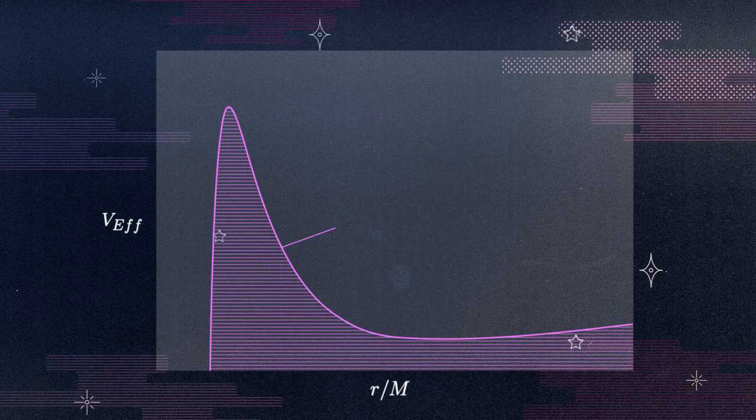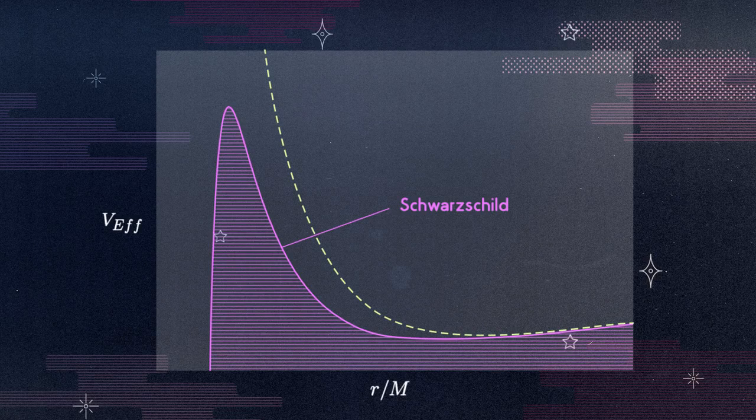This increased strength of the gravitational field is due to corrections by Einstein's theory of general relativity. The result is that the gravitational pull becomes much stronger within the region bounded by the ISCO, and stable orbits predicted by Newtonian gravity are no longer stable.